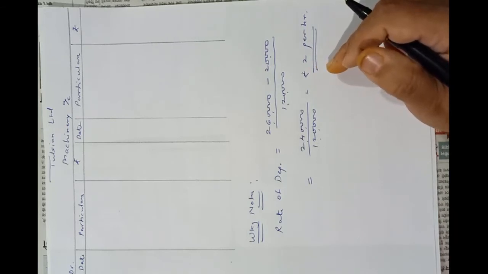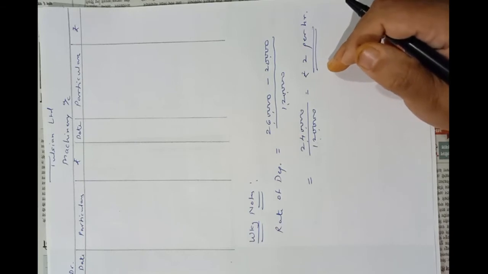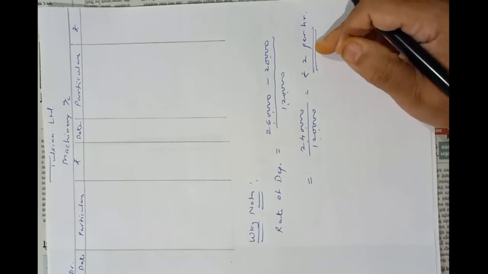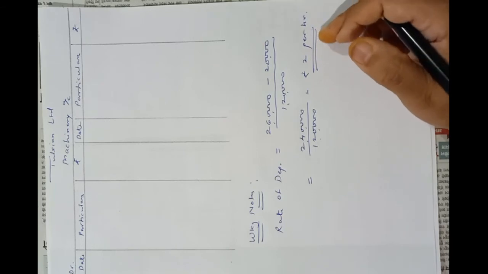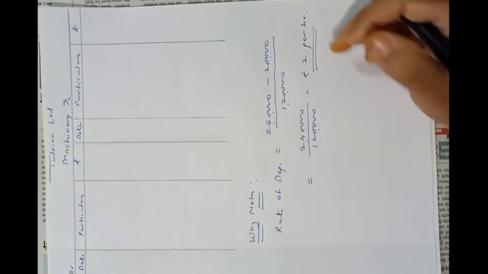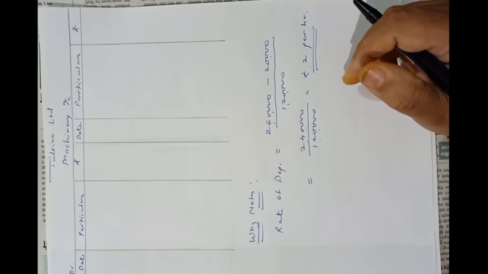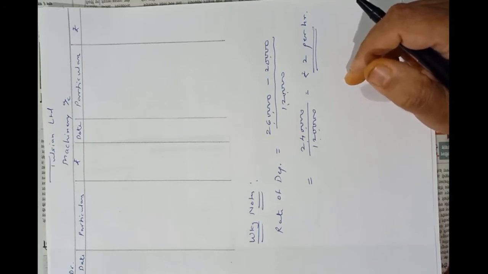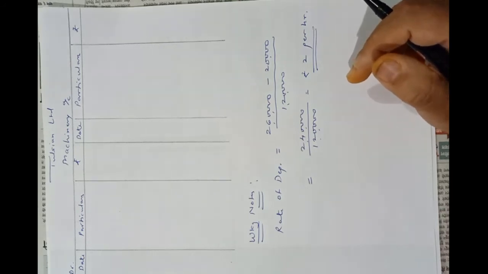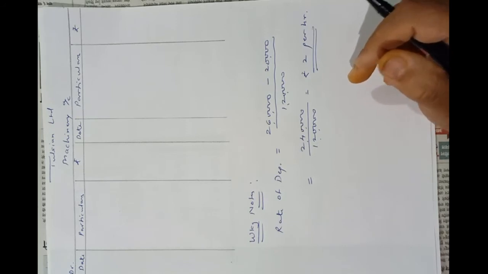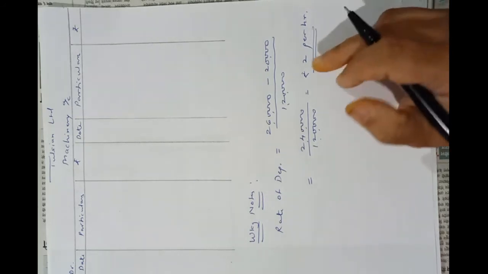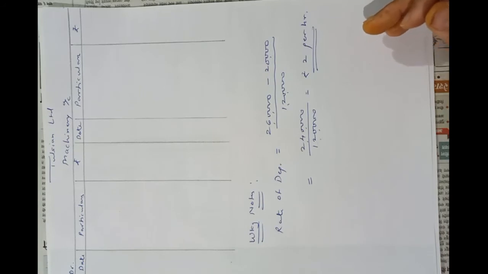Third year, that is 2017, 10,000 hours worked into 2 rupees per hour, that is 20,000 will be depreciation. In the year 18, accordingly the depreciation will be 14,000 into 2 rupees per hour, that is 28,000. In the year 2019 also 28,000, and in 2020 depreciation will be rupees 24,000, that is 12,000 hours into ₹2. Okay, in this way calculating depreciation is very easy.